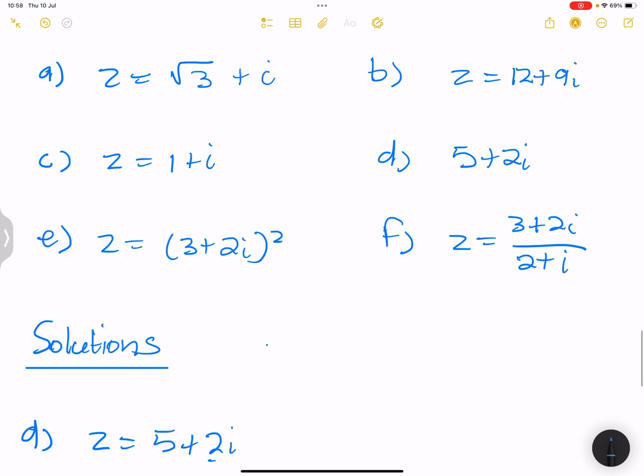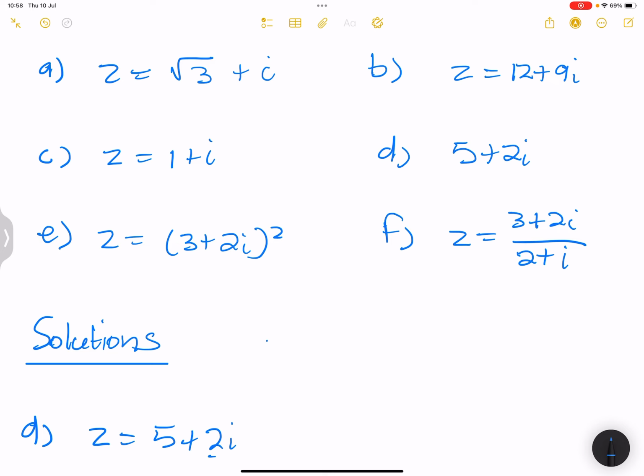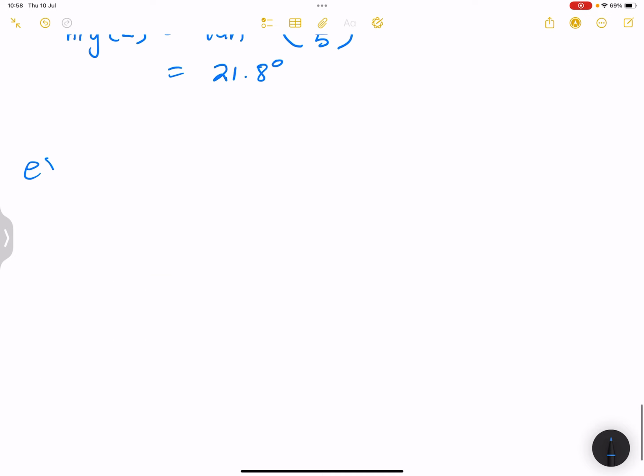Quickly let's go for E. We had to do a little bit of gymnastics when it comes to E. We had to simplify it first before we can actually solve it. So for E, we have Z is 3 plus 2i, and this is all squared.